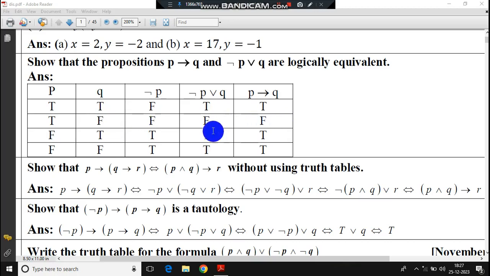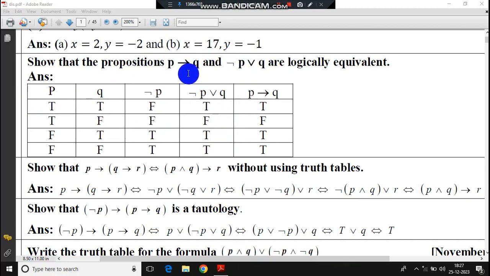If this is false and this is true, then the truth values of both statements are true. If both of them are false, then look at that, the truth values of both of them are true. So the truth values of this statement and these statements for different combinations are equal.